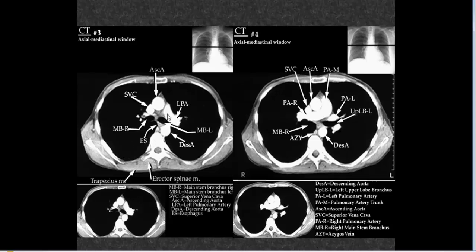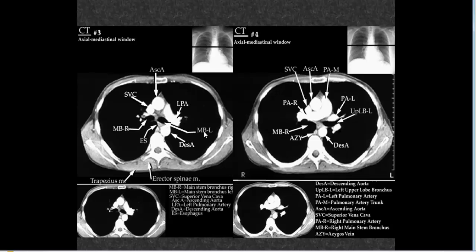This is the left pulmonary artery. This is the right main bronchus, this is the left main bronchus, descending aorta, and superior vena cava.